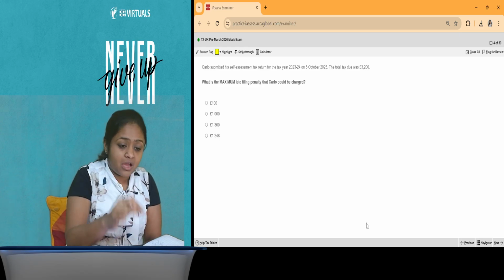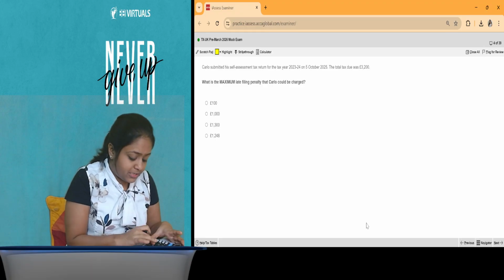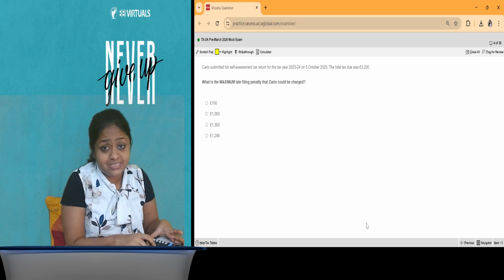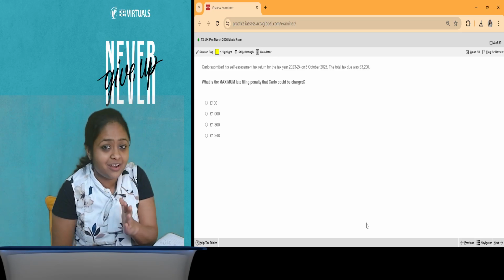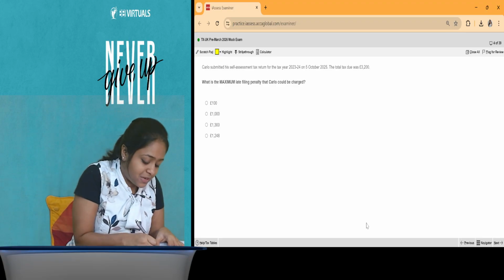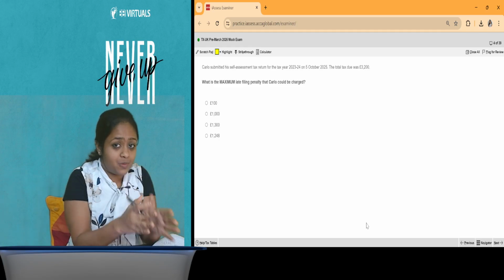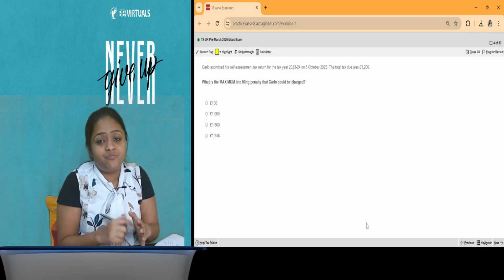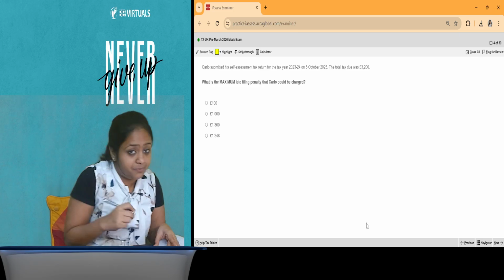Here, unpaid tax is 3,200. 3,200 multiplied by 5% is 160, or 300, whichever is higher. Which is higher? 300. So 300 is my next penalty. Add everything: 900 plus 100 plus 300, 1,300. Very good. And this is your penalty amount.